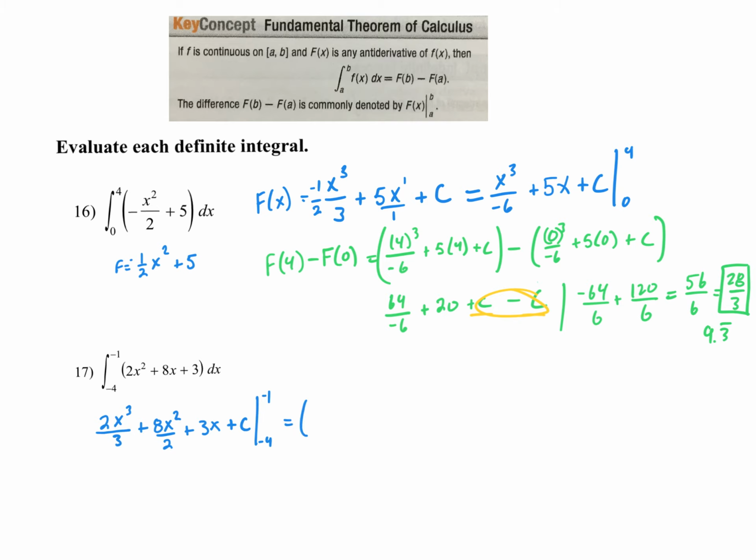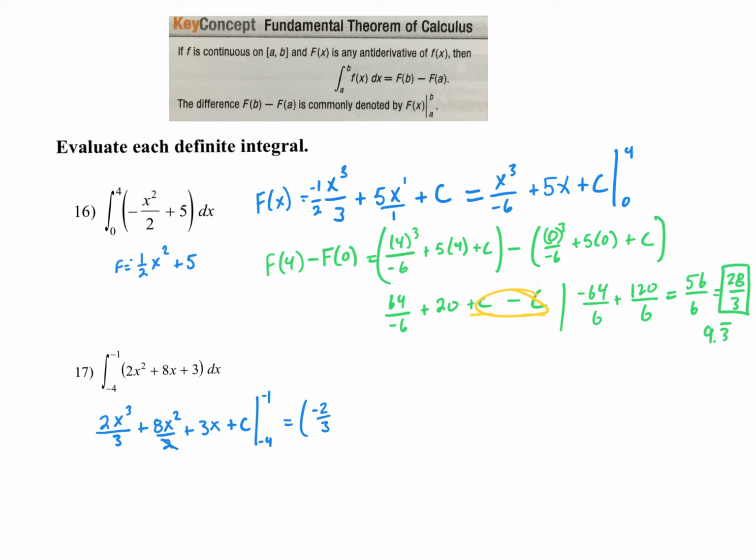This is going to equal, sorry, so I'm plugging -1 in here. So -1 cubed comes out to be -1. So it's going to be -2/3.